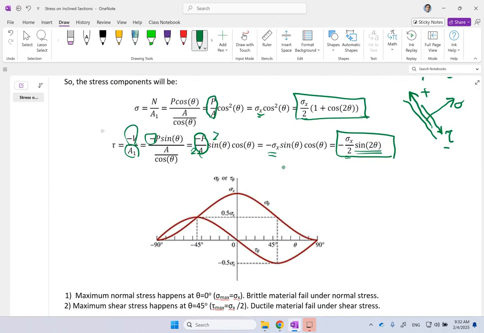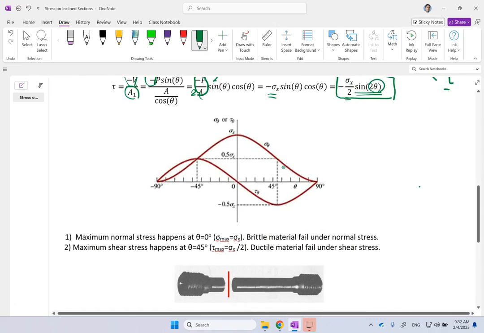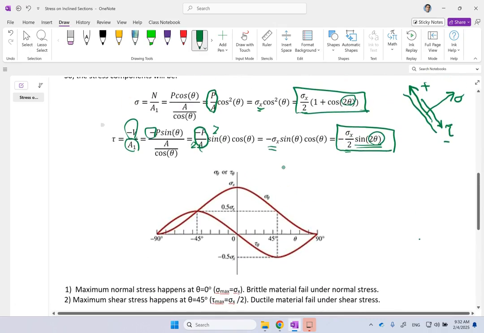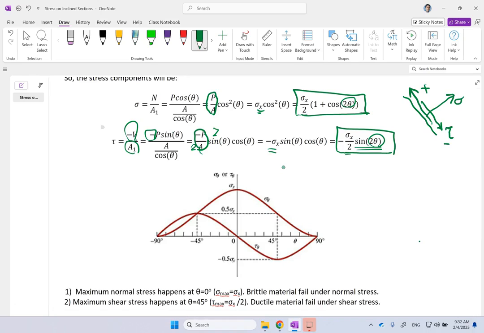And if you plot sigma and tau versus angle, because clearly it's a function of angle, you're going to see these two plots. Clearly, 1 plus cosine 2 theta is always positive or 0, because cosine at most can be negative 1, and 1 minus 1 is 0. It's only 0 when theta is positive or negative 90 degrees, because 2 times 90 is 180, and cosine of 180 is negative 1.